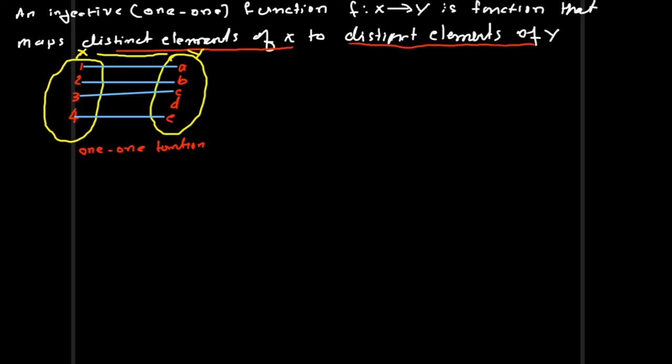Here, how to show that a function is 1-1? For that, you take every pair of elements x1, x2 belonging to X. If x1 is not equal to x2, this implies f of x1 is not equal to f of x2.